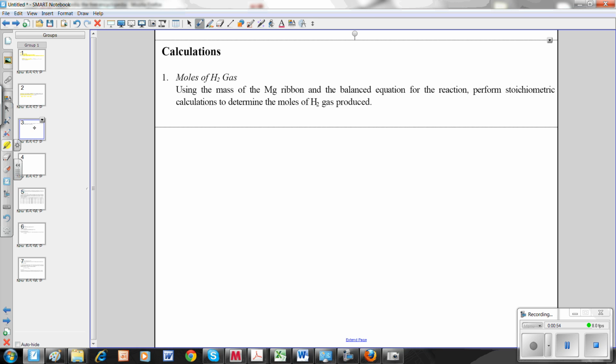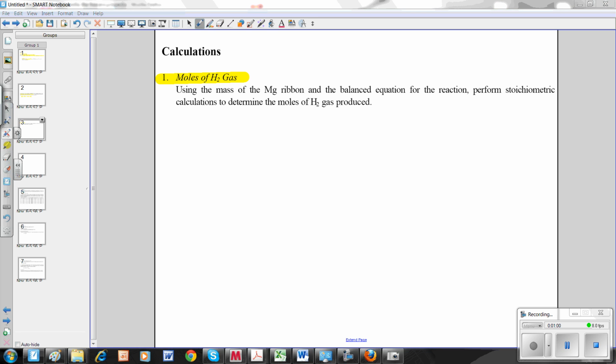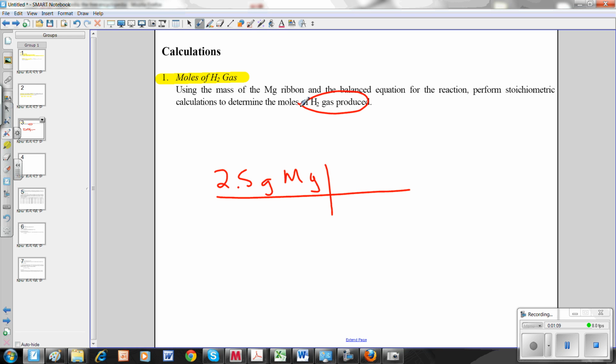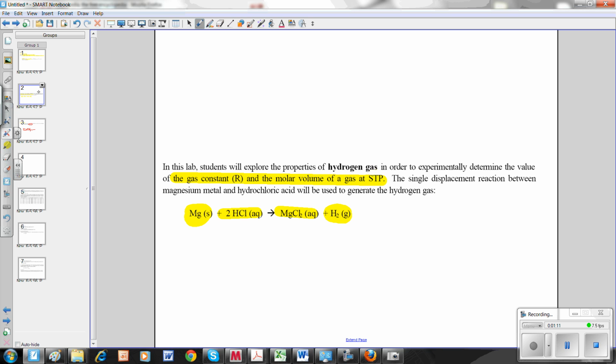Now, first thing you have to do is calculate moles of gas. So you guys measured out some moles. I'm making up a fake number here. So let's say I had 2.5 grams of magnesium. I need to convert it into basically amount of H2 gas produced. I go back to the equation right here. I'll use this equation.